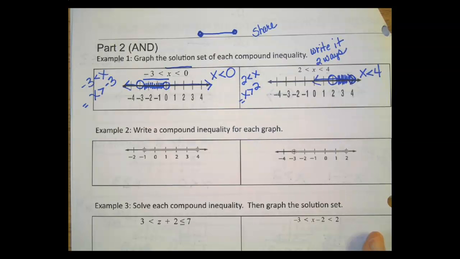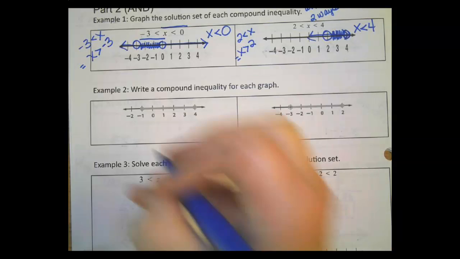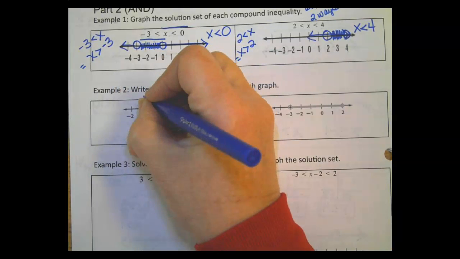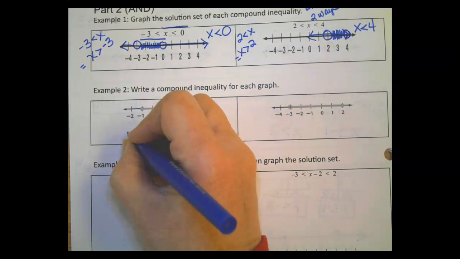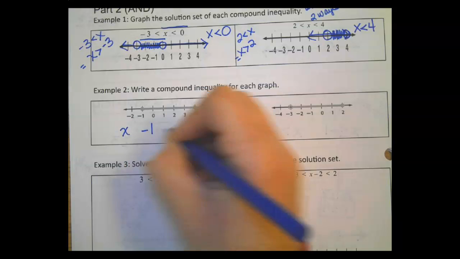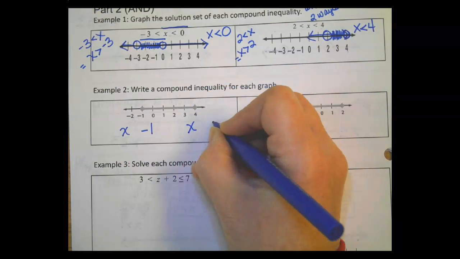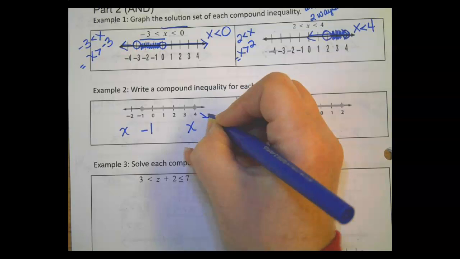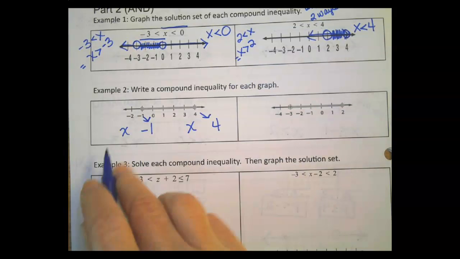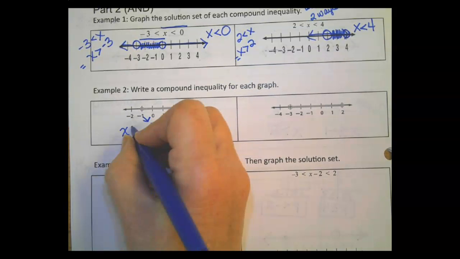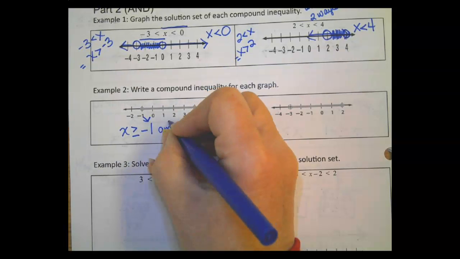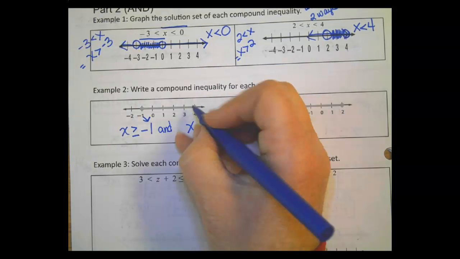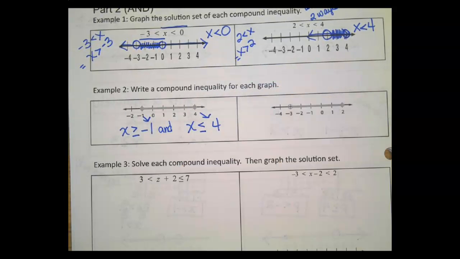Okay. Now, we're going to write this compound. So let's start with x and -1, and then we're going to start with x and 4. Okay, so all of these values are greater than or equal, and x here is less than or equal to 4.